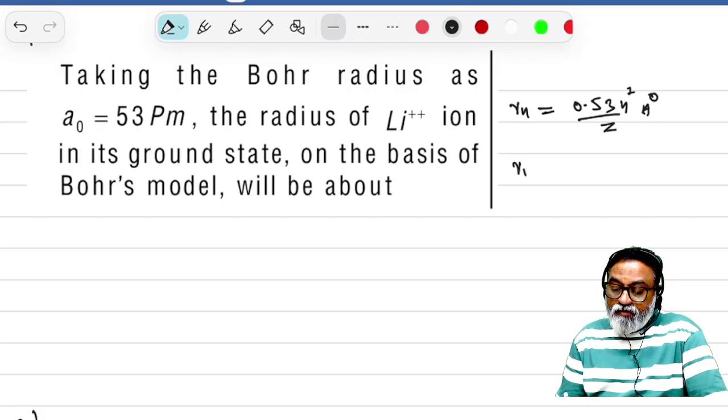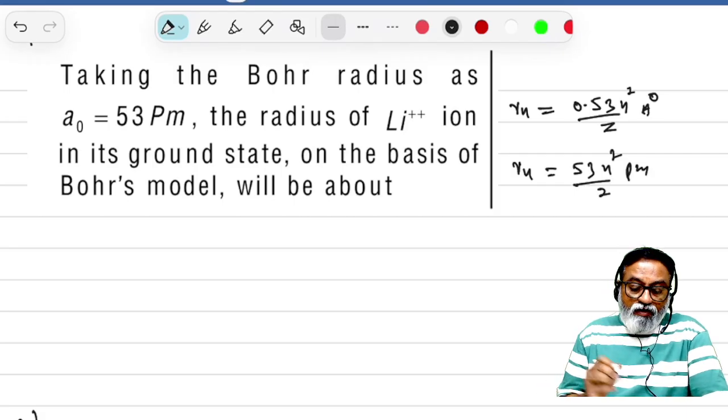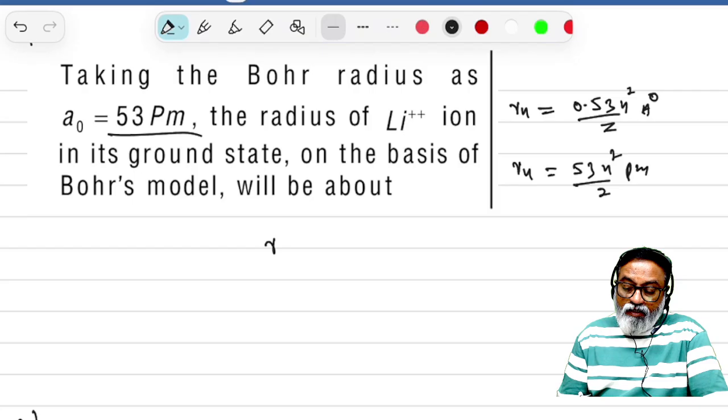But this is also 0.53 n square by Z picometer. Therefore, here picometer is given, that is, lithium ion in ground state.